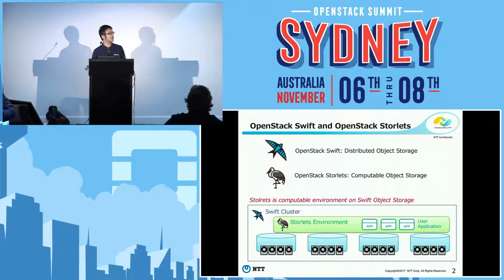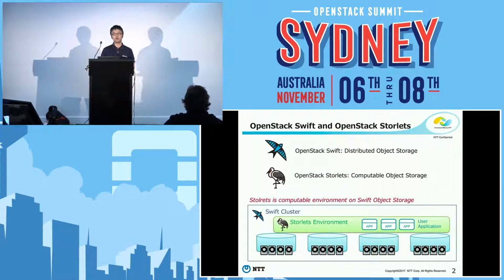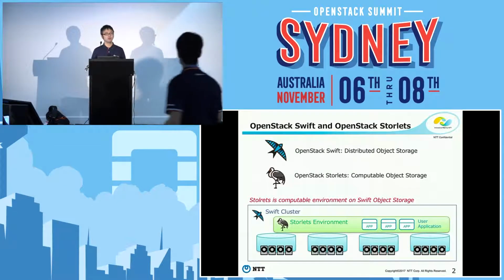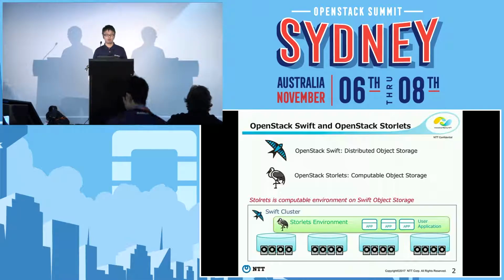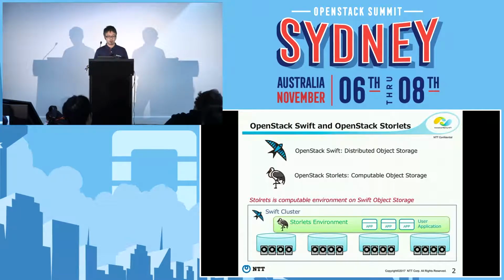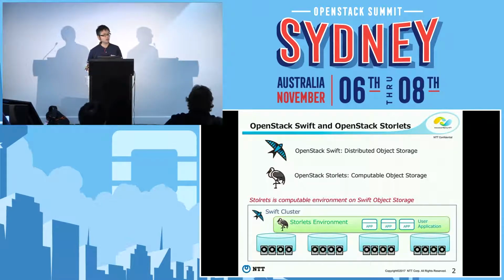At first, I would like to explain the components we use in my presentation. We are using two components, OpenStack Swift and Storlets. Swift is the object storage developed in OpenStack, and it has existed since the first OpenStack release. It is really good at production scale because it can be deployed on common hardware and scales.